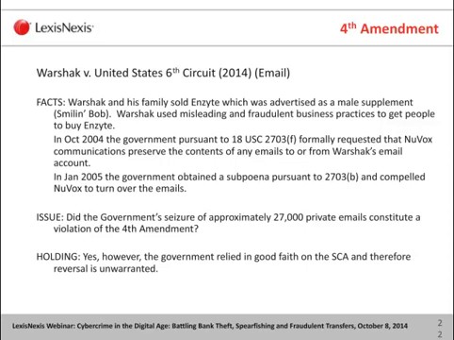However, unfortunately for Mr. Warshak, there's an exception to the warrant requirement, the good faith exception. Here, the court said that the government relied in good faith on the Stored Communications Act, therefore reversal is not warranted.